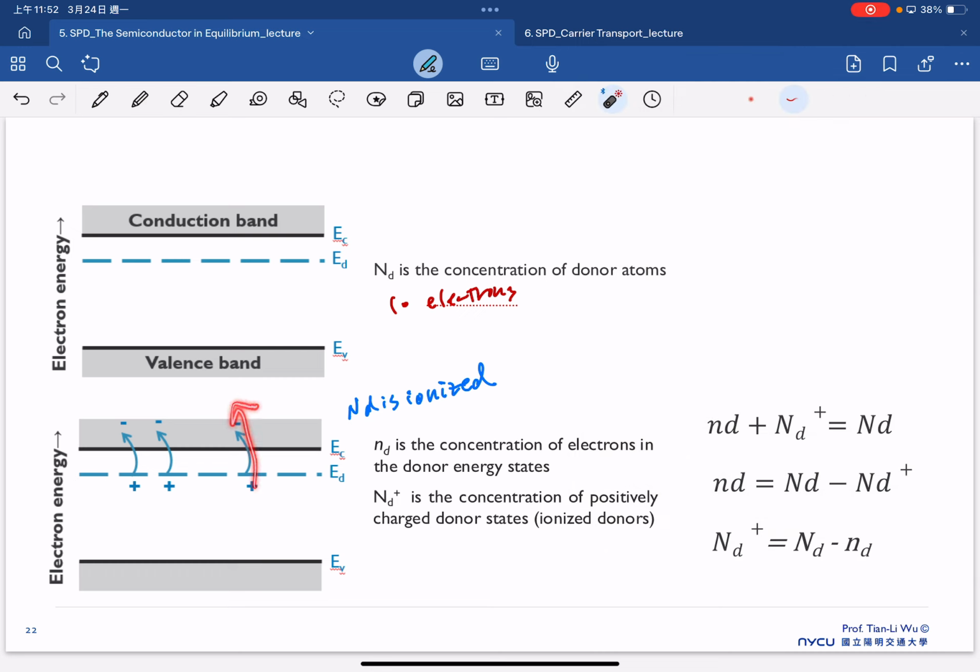For example, in this case, we have 9 electrons. But we still have a total of 10 in the donor energy level. We have 9 jumping to the top. That means we have 1 left.